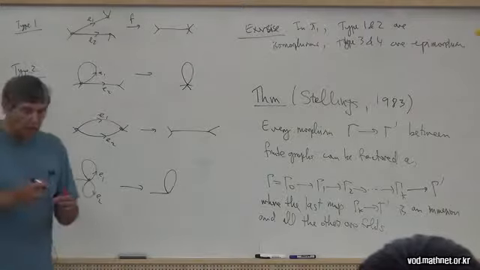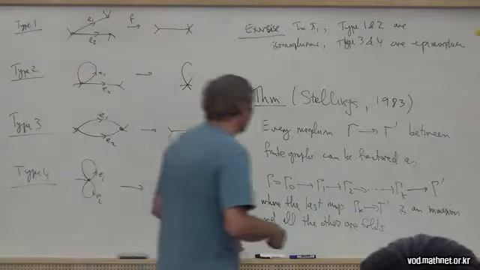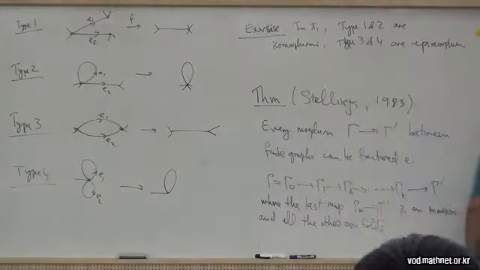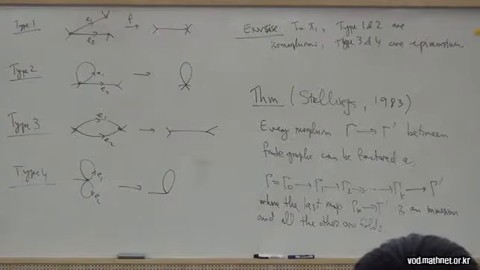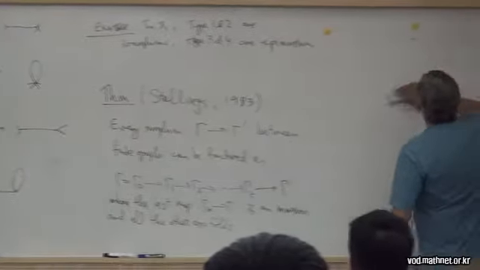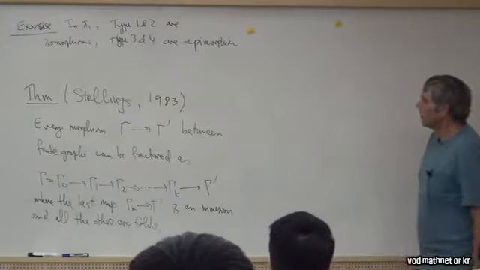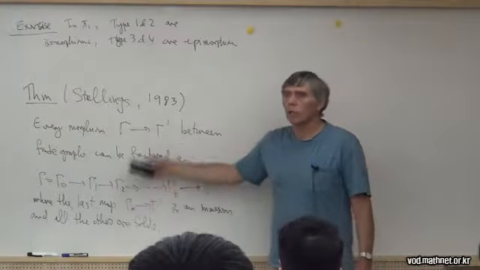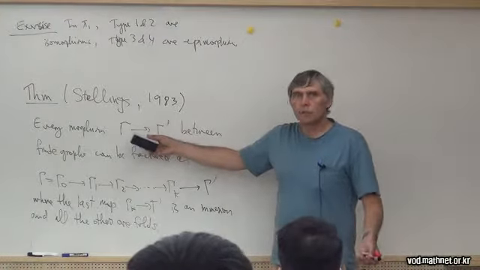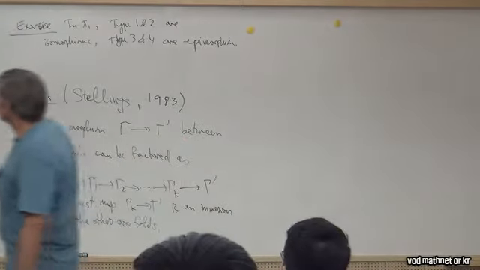How would you prove such a thing? Well, maybe we'll do an example, and this is really proof by example, if you want. But the proof is kind of obvious. The map might already be an immersion, in which case you can stop. If it's not, that means you can find a place to fold.